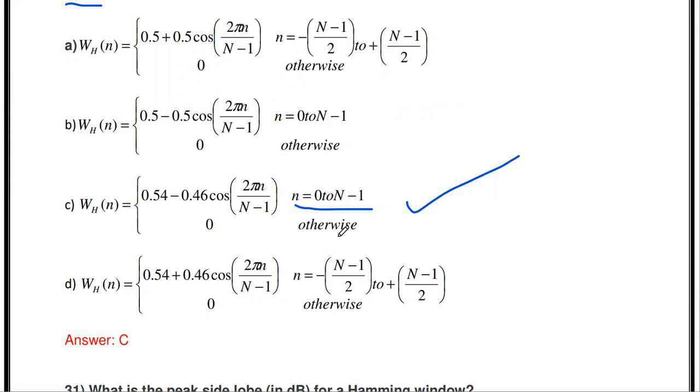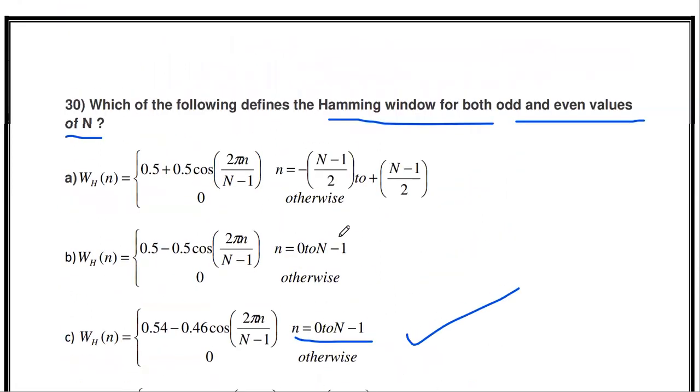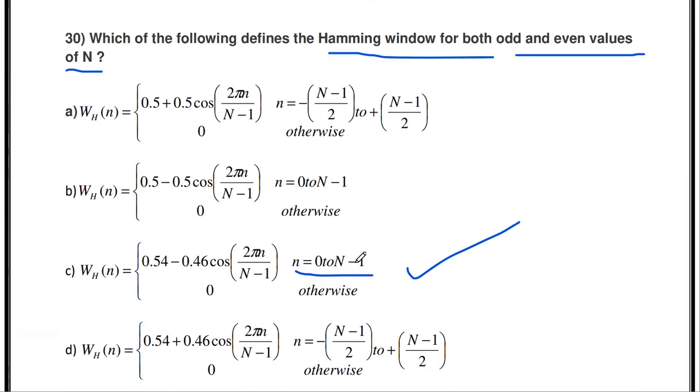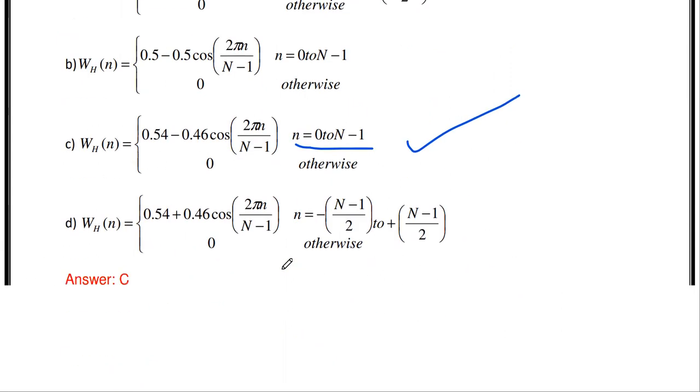If the n value is odd, it is 0.54 plus 0.46, the same formula, with n from minus (n minus 1) by 2 to plus (n minus 1) by 2. For both odd and even, for n from 0 to n minus 1, the minus sign comes in the center. So this is the Hamming window formula.